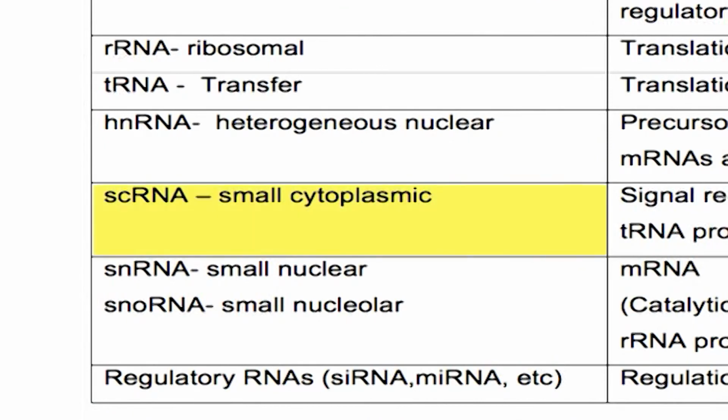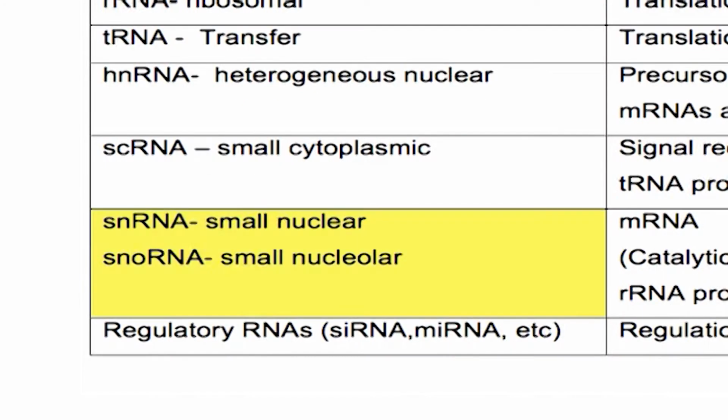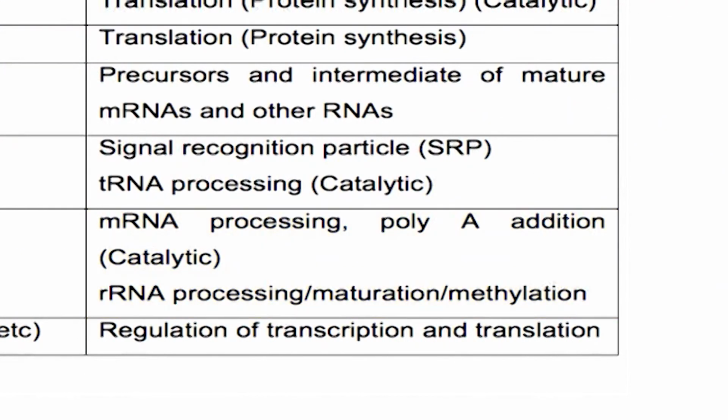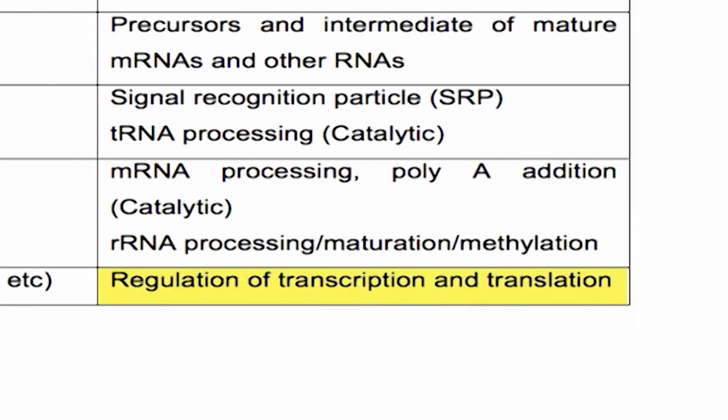Small cytoplasmic RNA, that is scRNA, functions in signal recognition particle SRP or tRNA processing, and this is catalytic in nature. snRNA or small nuclear RNA helps in mRNA processing, poly A addition, and is catalytic in nature. snoRNA, that is small nucleolar RNA, helps in rRNA processing, maturation or methylation. Now, the regulatory RNAs, that is siRNA, miRNA, etc., regulate transcription and translation.